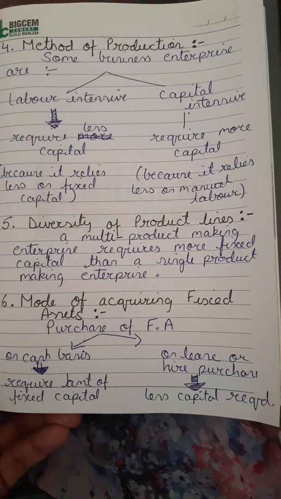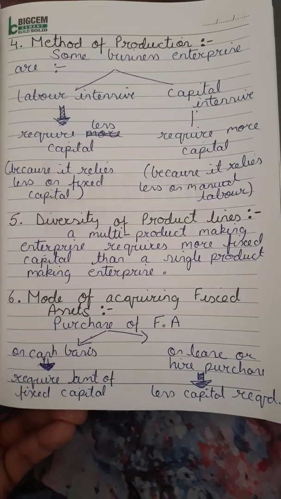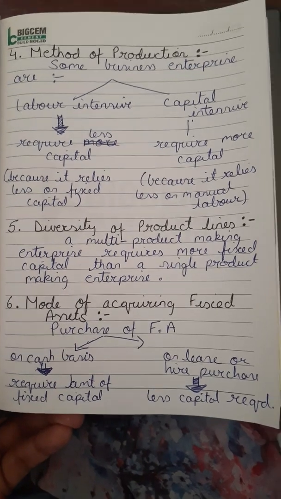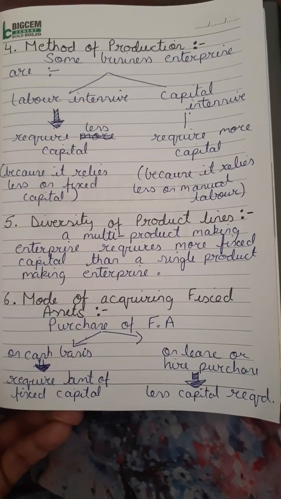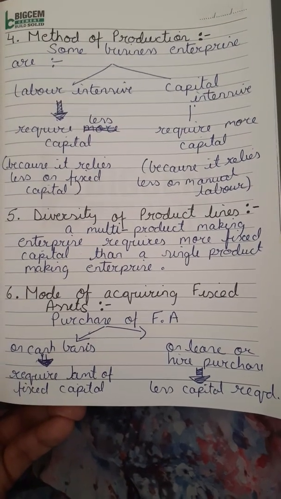Fifth, diversity of product lines. A company manufacturing multi-product requires more fixed capital than a company producing a single product.